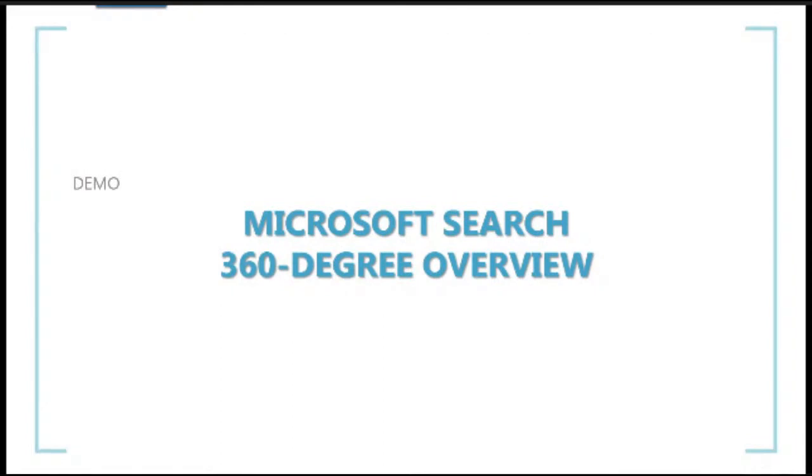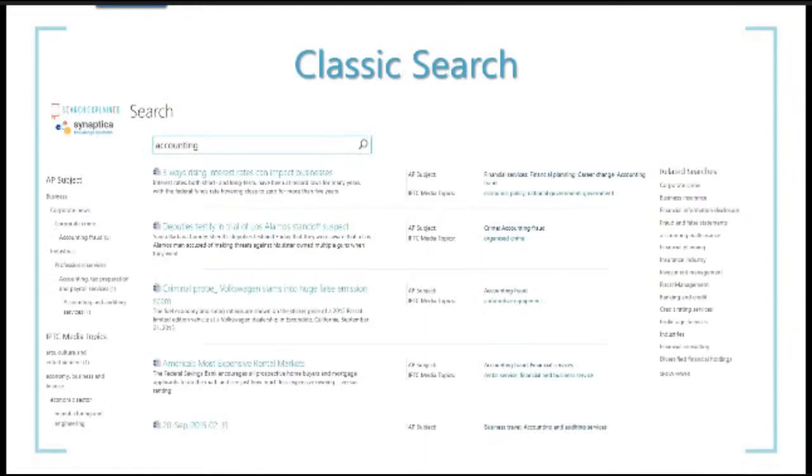So some of you might still be interested in Classic Search. Classic Search is the search that we know from SharePoint On-Prem, SharePoint 2013, 2016, or 2019. And we still do have Classic Search in Microsoft 365.